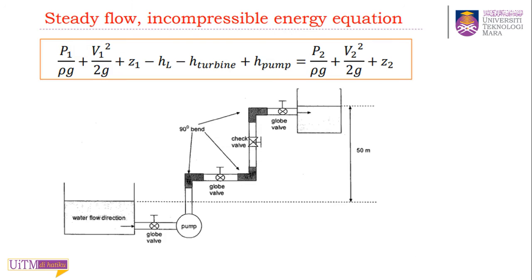The last subchapter is about the energy equation. As I mentioned before, in chapter 3 when we learned about the Bernoulli equation, we used it like this: P1 over rho g plus Z1 plus V1 squared over 2g equals P2 over rho g plus Z2 plus V2 squared over 2g.